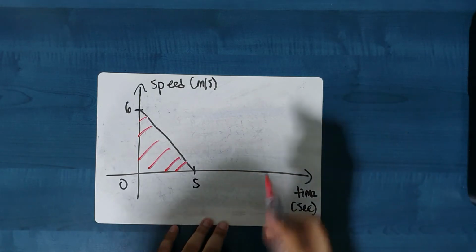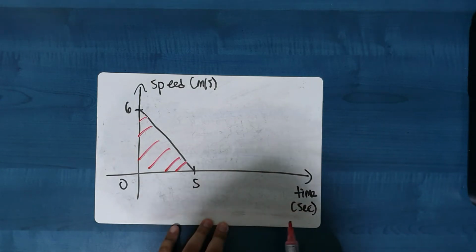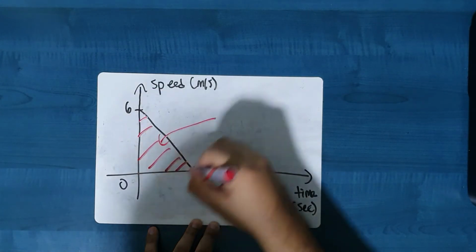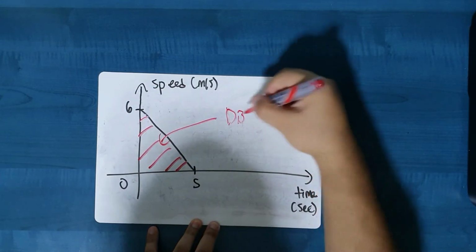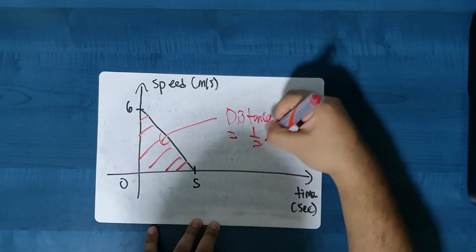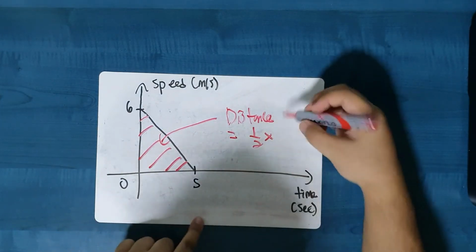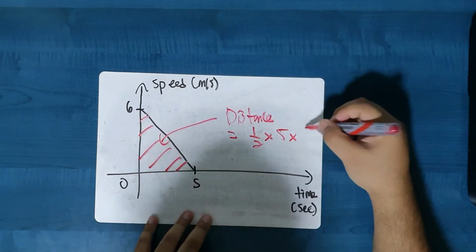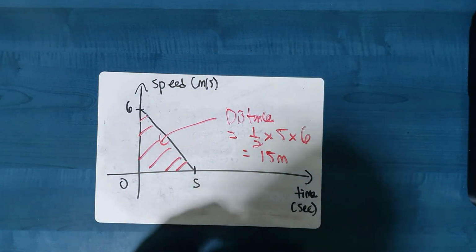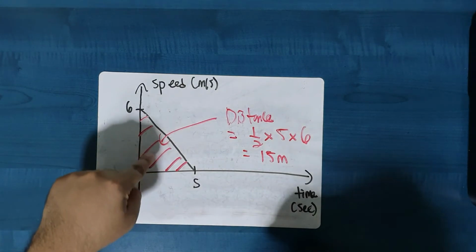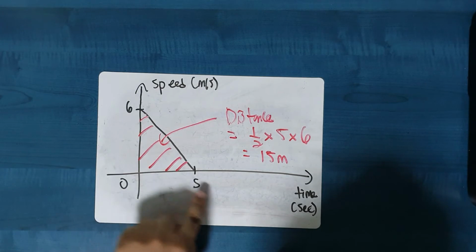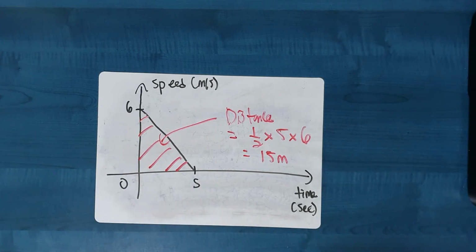So the distance covered in the first 5 seconds of this object is the area of this triangle. Area of triangle is half times base times height. My base is 5. My height is 6. So 15 meters. Therefore, the object covers a distance of 15 meters in the first 5 seconds.